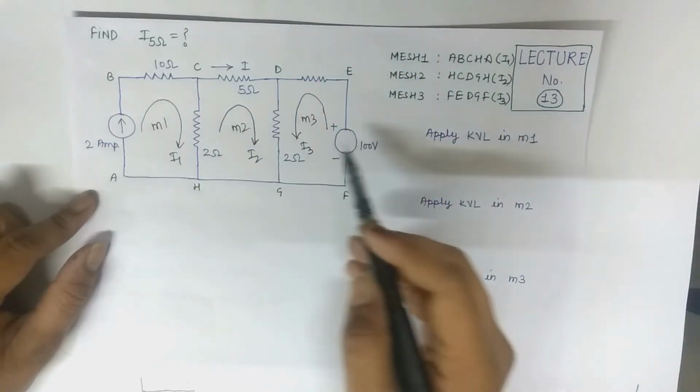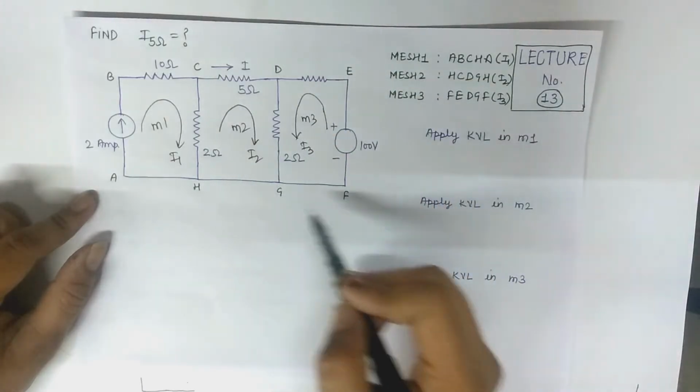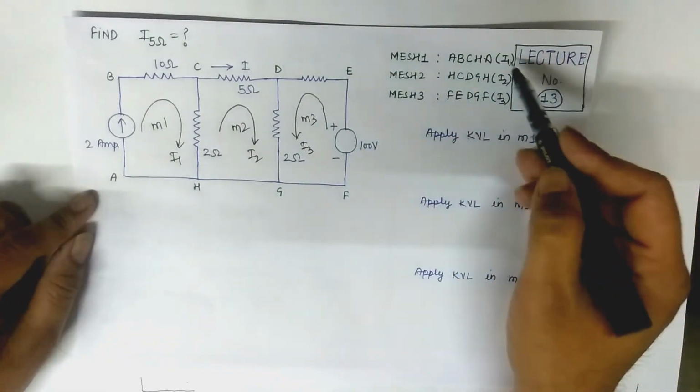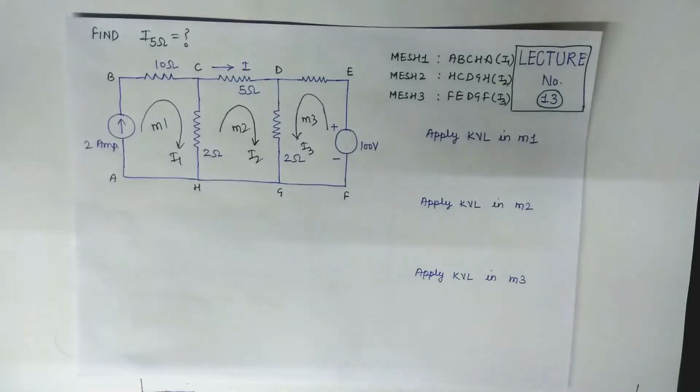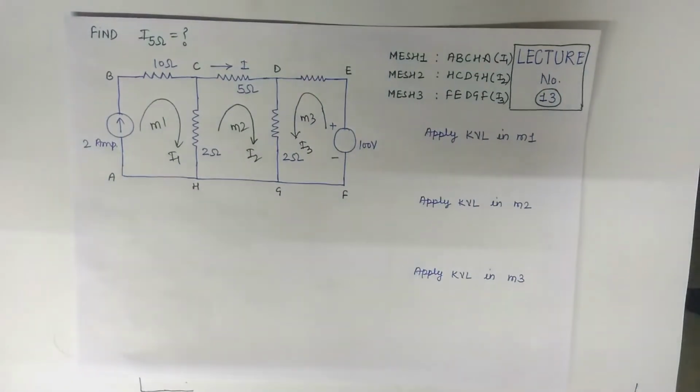Mesh 3 is FEDGF with current I3. We mention I1, I2, I3. In this way we consider the loop or mesh currents.